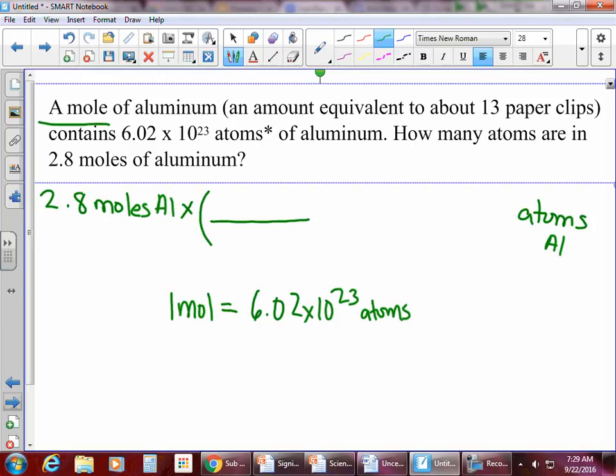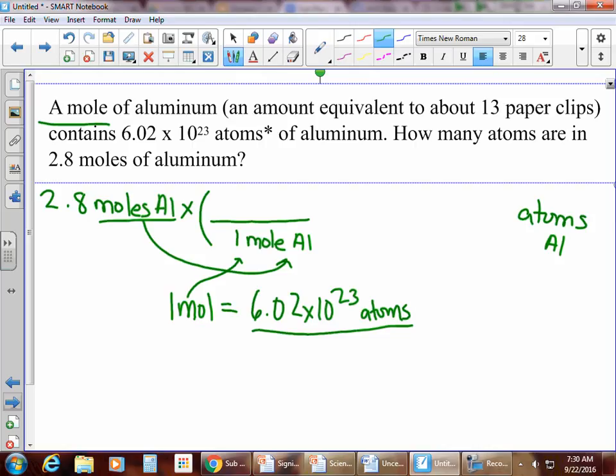If I have moles of aluminum here, that has to go on the bottom. So 1 mole of aluminum goes on the bottom, and 6.02 times 10 to the 23rd atoms goes on the top.